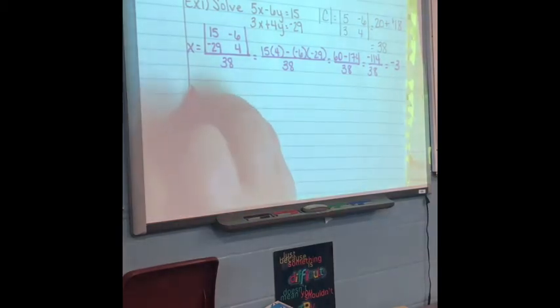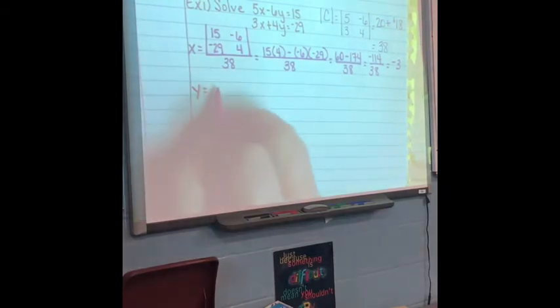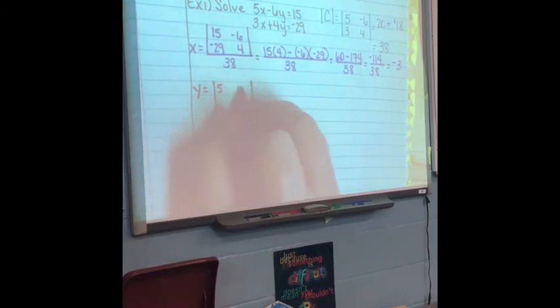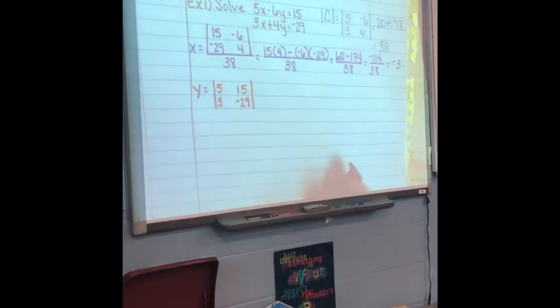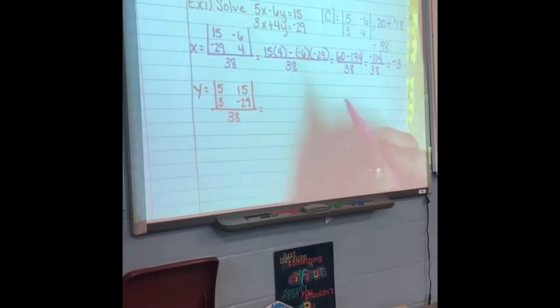Okay, let's look at the y. So can you tell me what's going in my y matrix? 5, 15, 3, -29. Does everybody agree? Okay, and I'm going to divide that by the 38, right? Okay, so products of the diagonals.